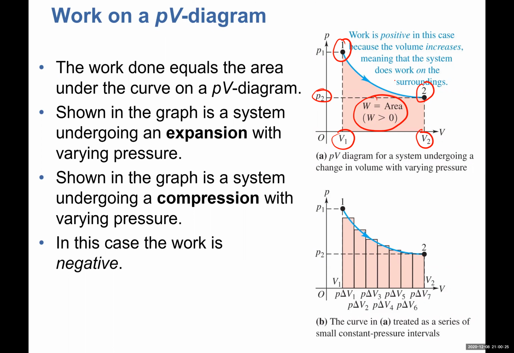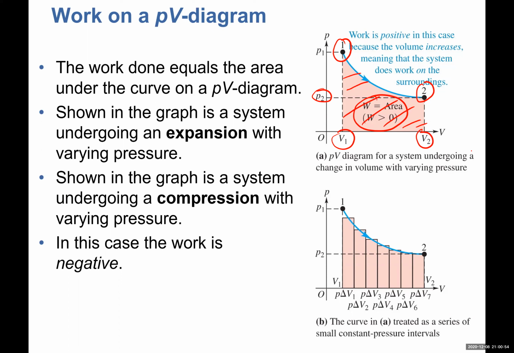The work done is equal to the area, and here work done is positive. So all we have to do is find the area under the graph, and that's exactly equal to the work done. This is another method using the PV diagram.